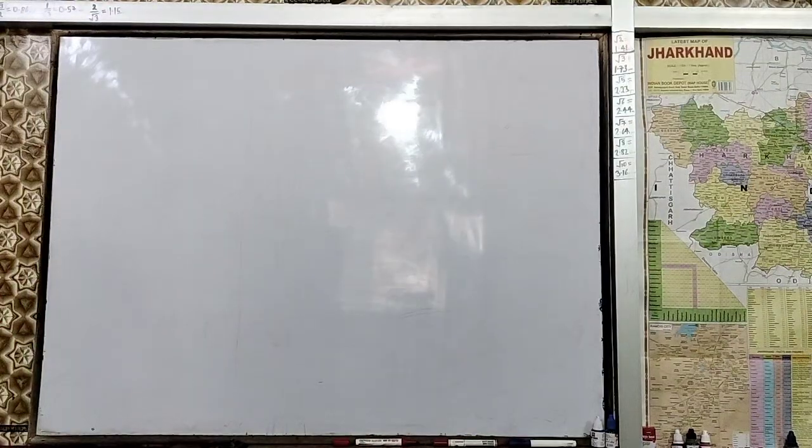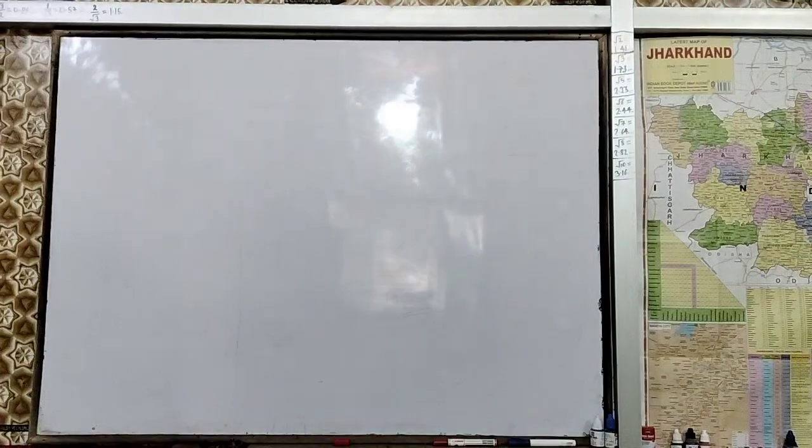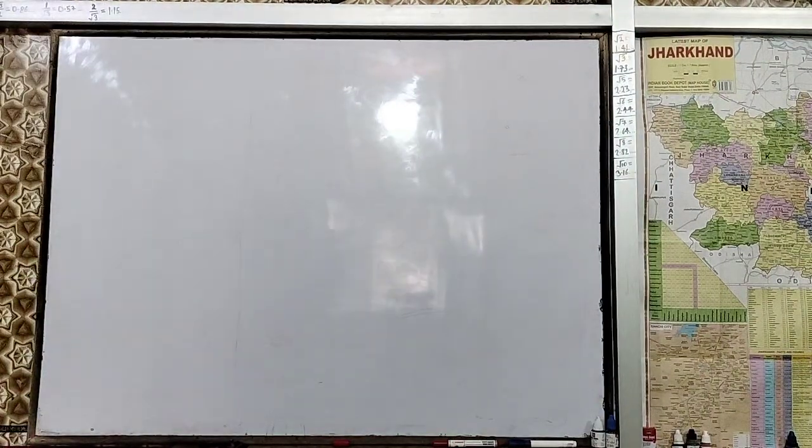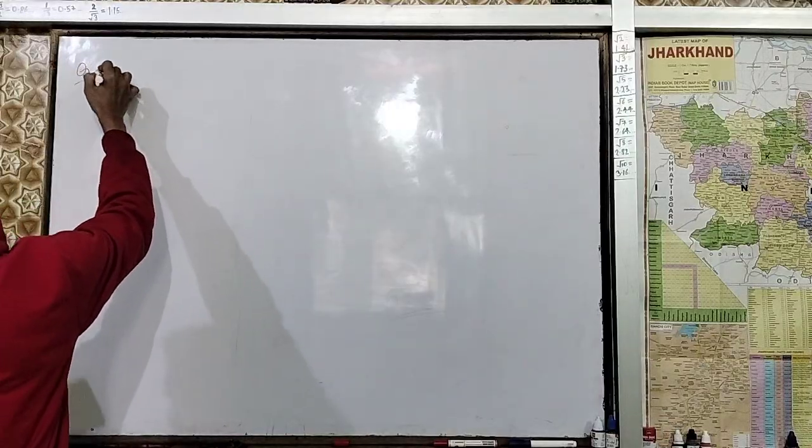Let me write the question first. Just see the next question that I am going to write and try to understand. What can you observe? Am I visible? Yeah, I know I am visible. So here I am writing the expression.